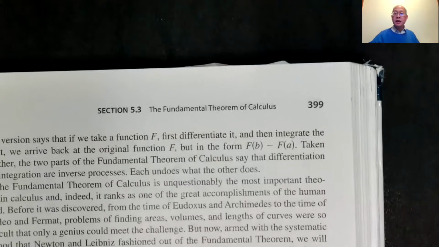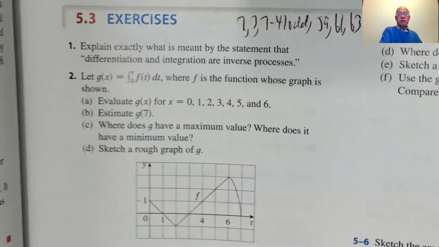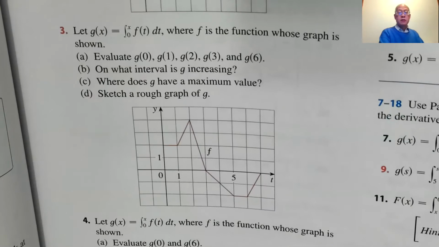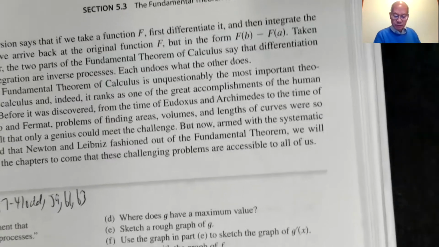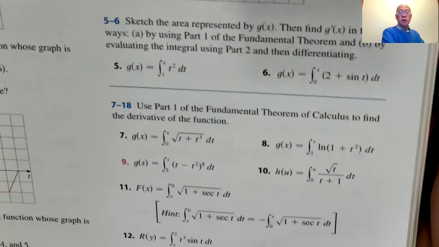So this is page number 399, where the homework begins. There's 2, and there's 3. We have 7 through 41.